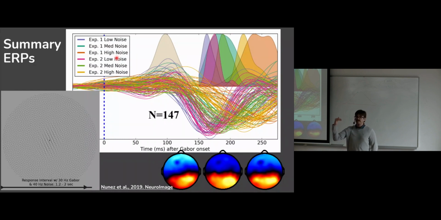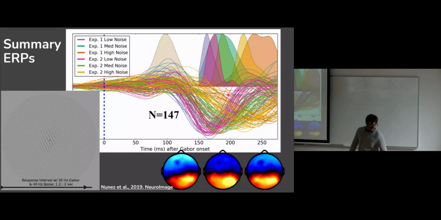But now there are 6 different experimental conditions. There are 2 experiments with different types of visual noise, and then the contrast of that noise changes, making the task more difficult. When the noise has a really high contrast, it pushes that N200 much later, and it also pushes response time much later, which was a key finding.